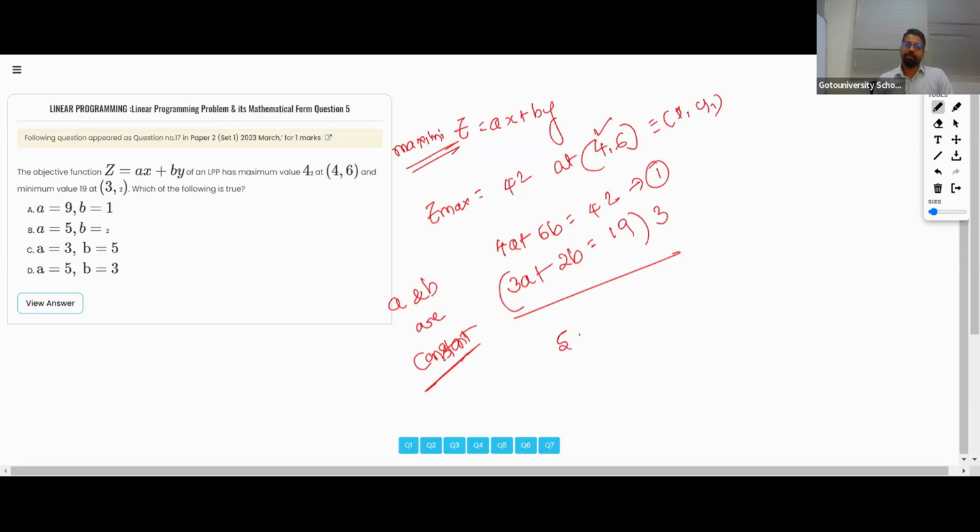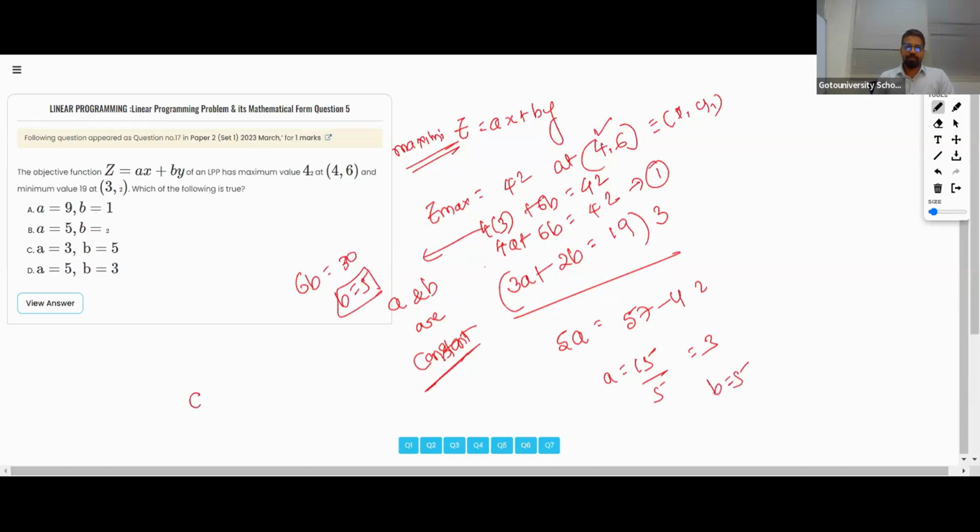We get 5a is equal to 57 minus 42, which is 15, so a is equal to 3. If a is equal to 3, we can substitute here: 4 into 3, 12, plus 6b is equal to 42. Solving this, 6b is equal to 30 and b is equal to 5. So our answer is a equal to 3 and b equal to 5.